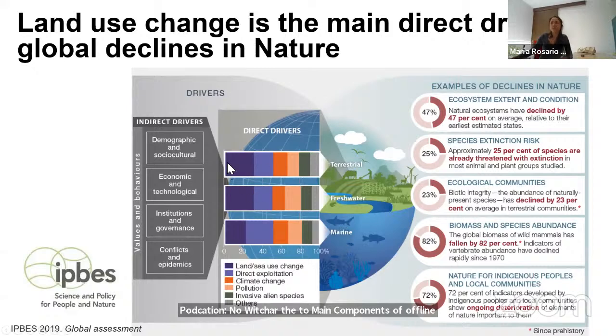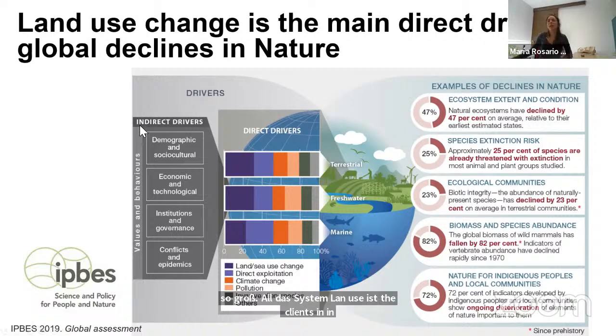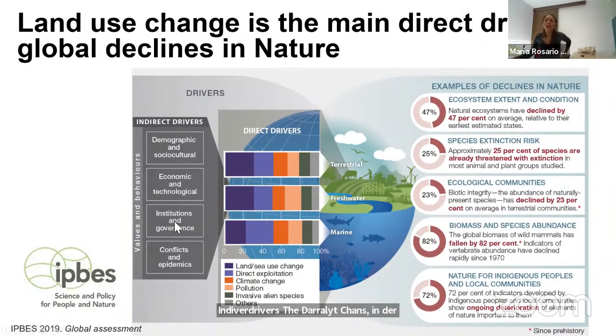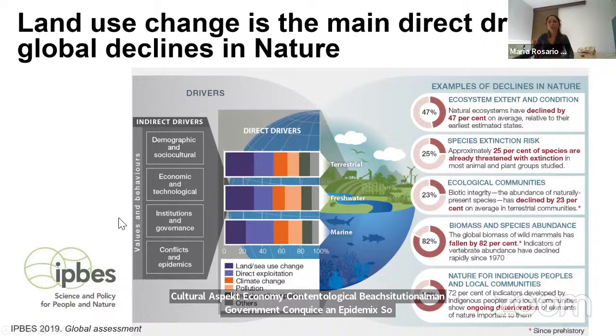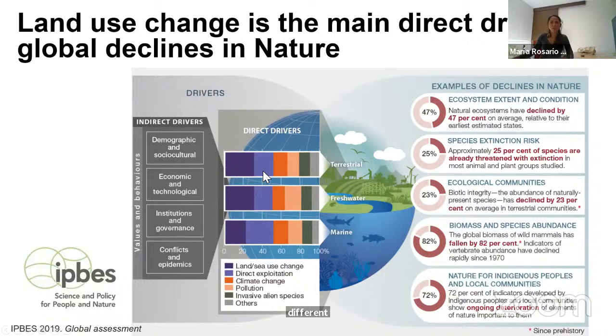So across all ecosystems, land use is one of the main drivers of these declines in nature. And this is underpinned by a set of indirect drivers that are related to changes in demographic and cultural aspects, economic and technological aspects, institutions and governance, conflicts and epidemics. So different socioeconomic drivers are behind the more direct management drivers.